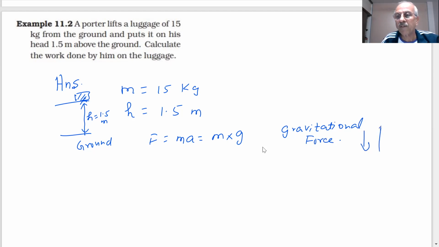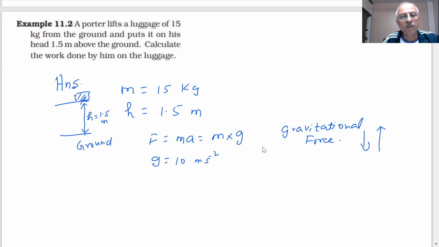And the work is done when you are moving the luggage from the ground to the height h, 1.5 meters. If I take the value of g approximately 10 meter per second square to make the problem easy, it is 9.8. We can take 10 approximately.